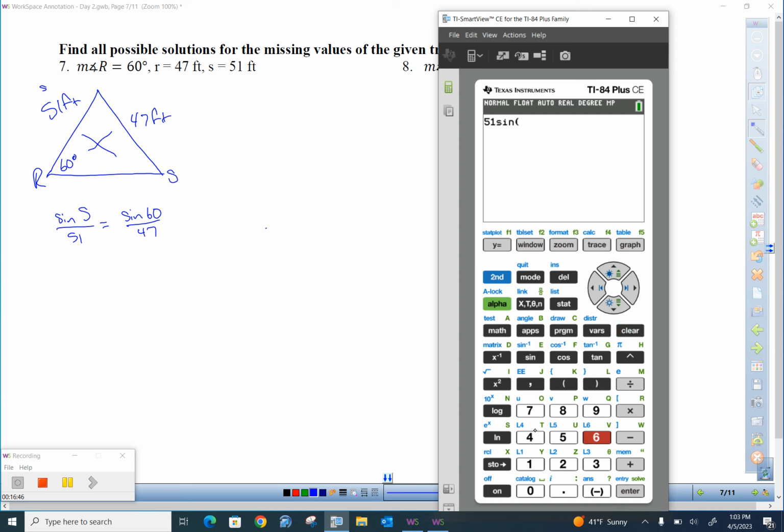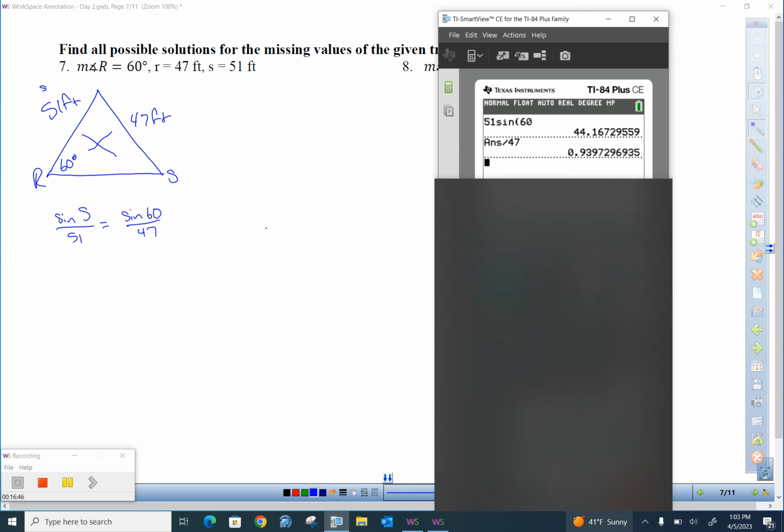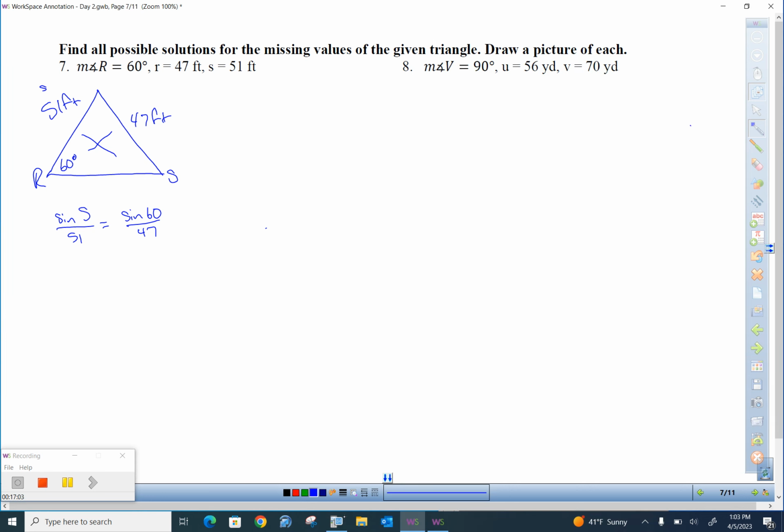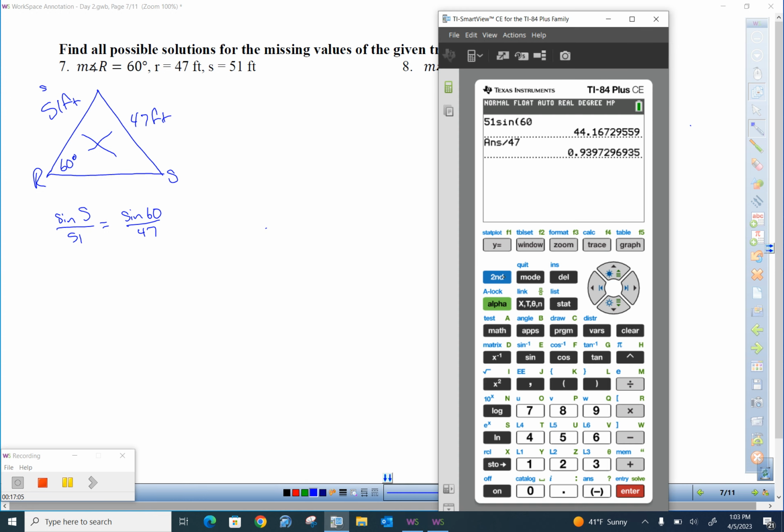You don't have to as long as you're careful. Hit enter or close your parentheses before dividing by that 47. Remember, that looks like a decimal because we're not done yet. Okay, we have to now take the inverse of that, grab your answer, and we've got an angle of about 70 degrees.